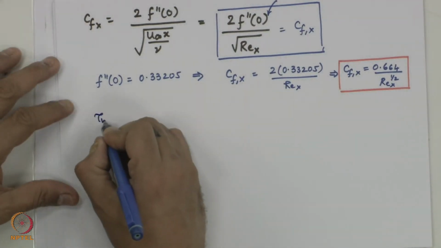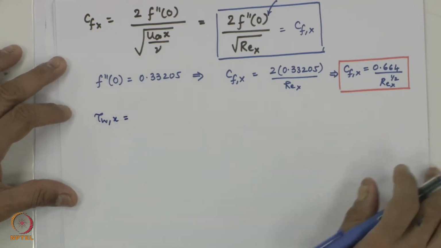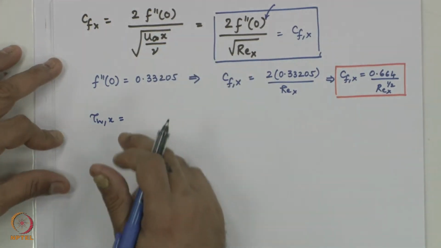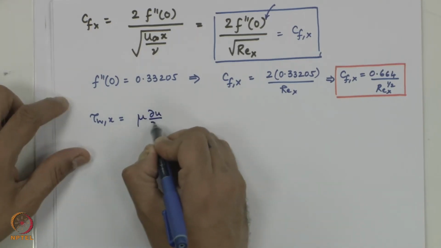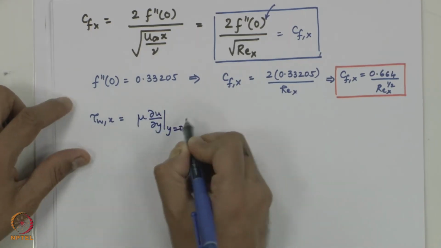So, tau wall of x is nothing but mu du by dy at y equal to 0.